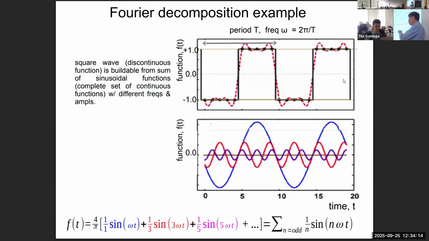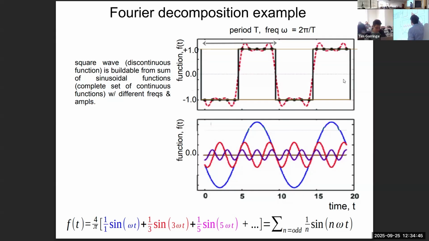To get the square wave, you've got to combine all those odd harmonics of the sine waves in a very specific way. The amplitudes of the sine waves are inversely proportional to the harmonic of the sine wave. So you look here, we've got a multiplier that's 1, 1/3, 1/5, and so on for all the odd harmonics. And that specific combination of sine waves will give you the square wave here.